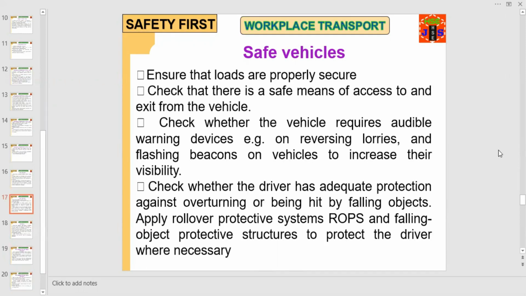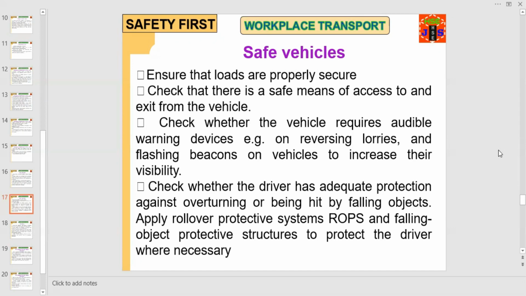You have to ensure that loads are properly secure. Check that there is a safe means of access to and exit from the vehicle. Check whether the vehicle requires audible warning devices, for example, on reversing lorries and flashing beacons on vehicles to increase their visibility.